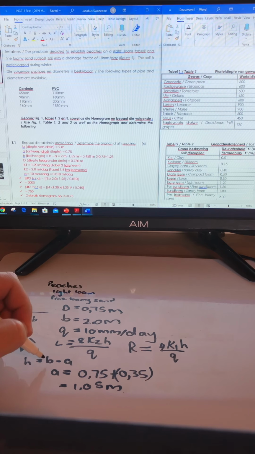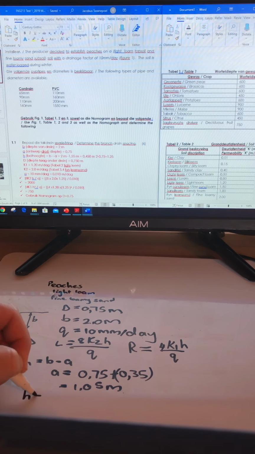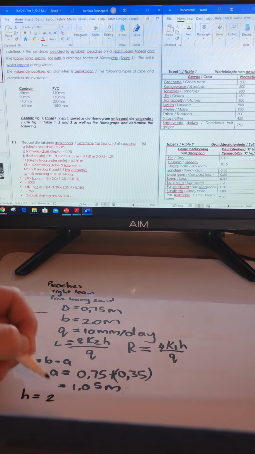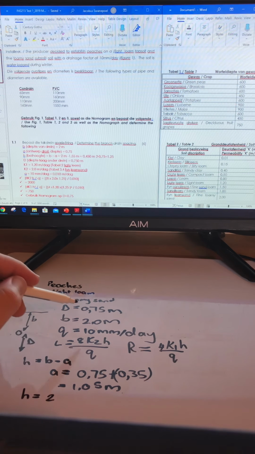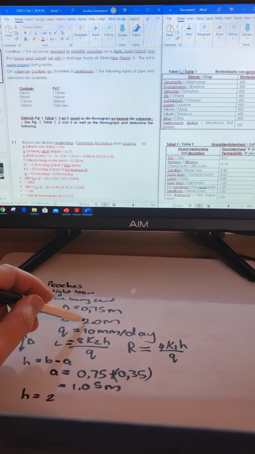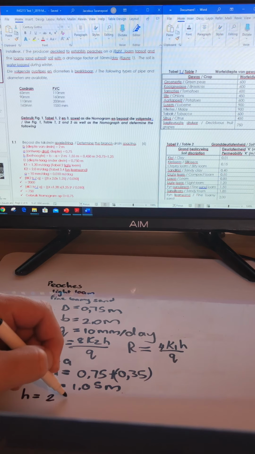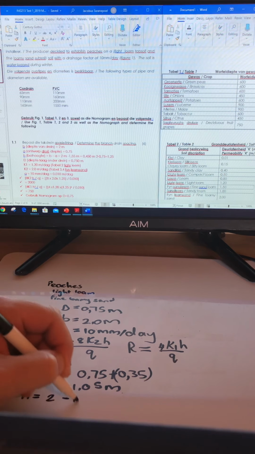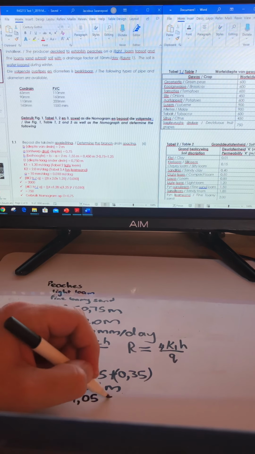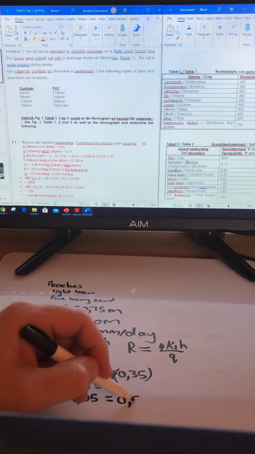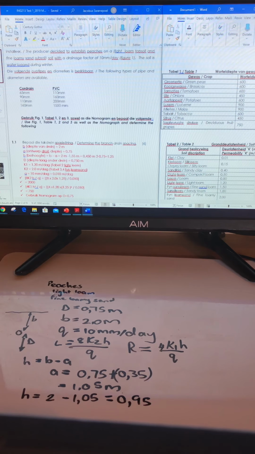Because we have B as 2 meters, and H is B minus A, H is 2 minus 1.05, and your answer is 0.95.